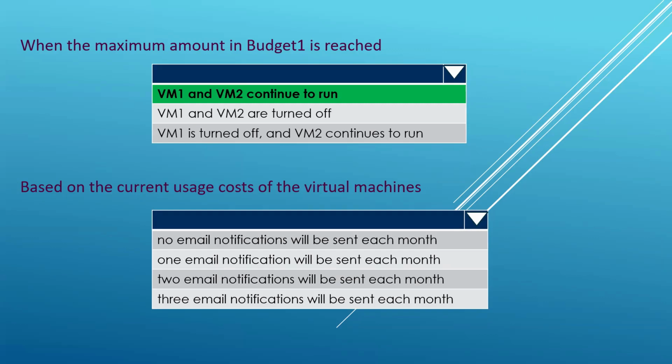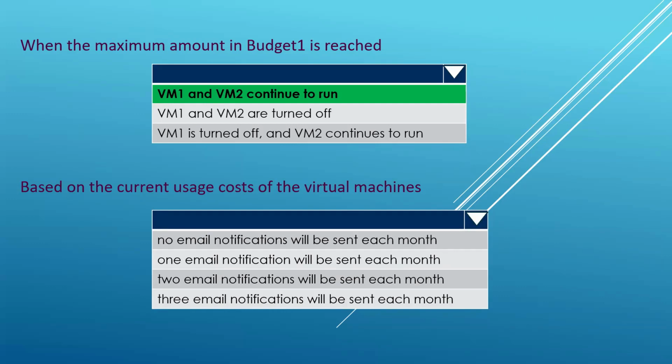When we were looking at the budget, I did mention the scope of budget 1 is RG1, and RG1 only contains VM1. And you could see VM1 consumes $20 per day. Then the 50% mark, which is the $500 limit, will be reached in 25 days, and an email will be sent, which makes it 1 email in a month.